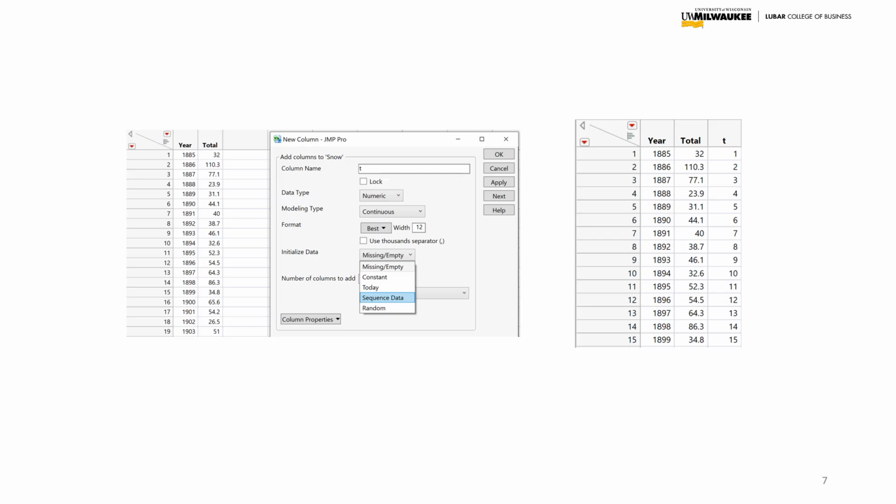One way is to create a time index, which I'm going to call T, and I do that by right-clicking, new column, and then giving a name of T, as you see here, and then below where it says initialize data, choosing sequence data, and that will automatically put an index that goes from 1 to 2 to 3 and so on.